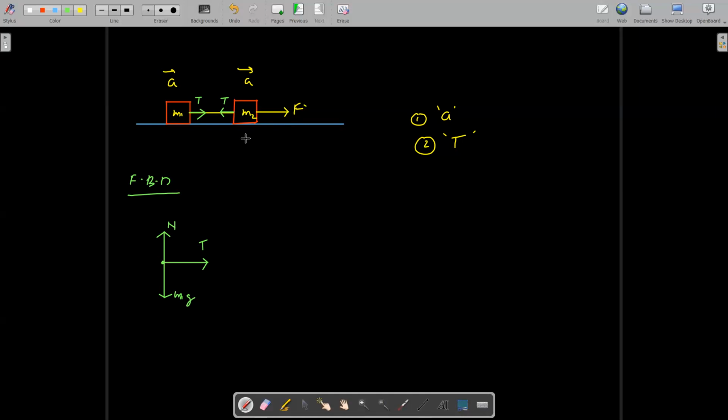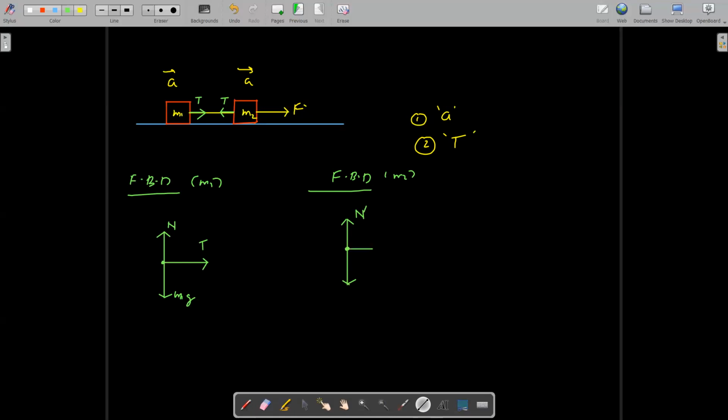And let's draw the free body diagram for M2. For M2, there is M2G acting downwards. There is a normal reaction, which will be different, so let's denote it by the letter N dash.